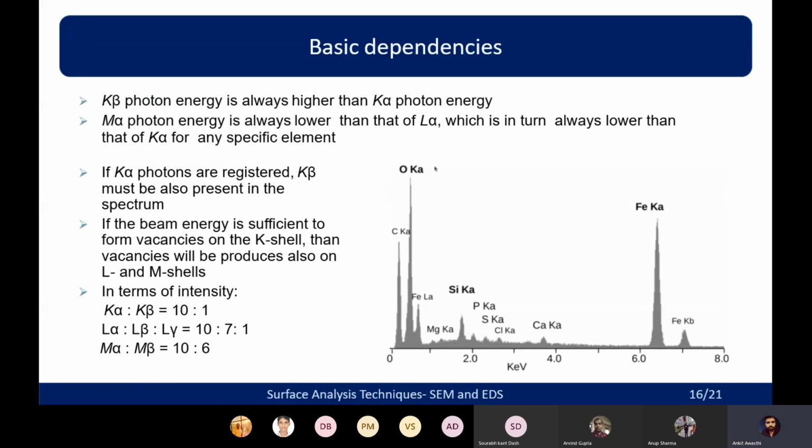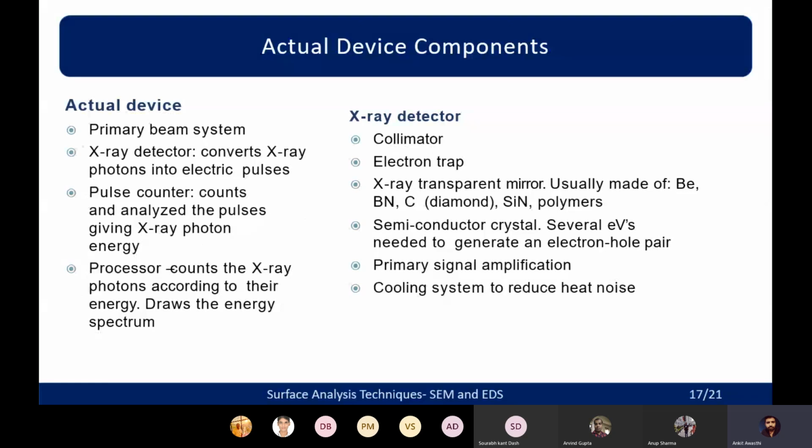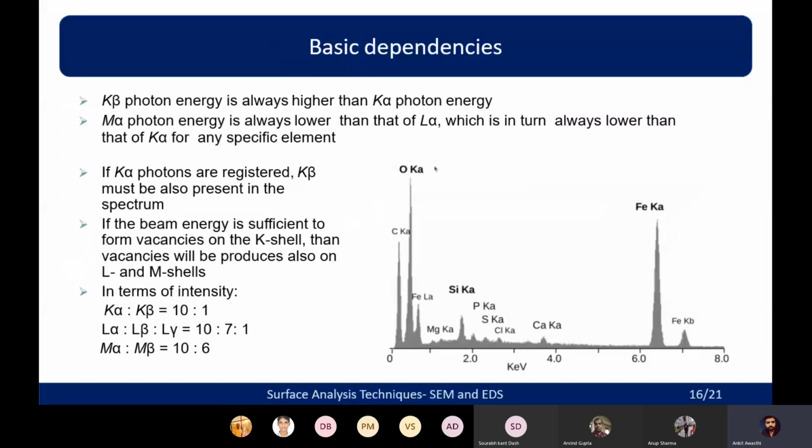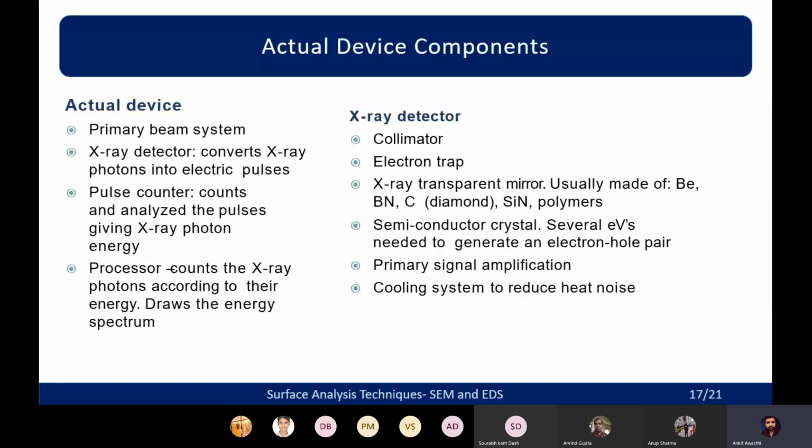So what are the actual device components in EDS analysis? Most of the system is the same in the case of EDS analysis. This is the primary beam system which we generally use in an SEM system. There is no difference in the primary beam system. But the major thing is the X-ray detector.